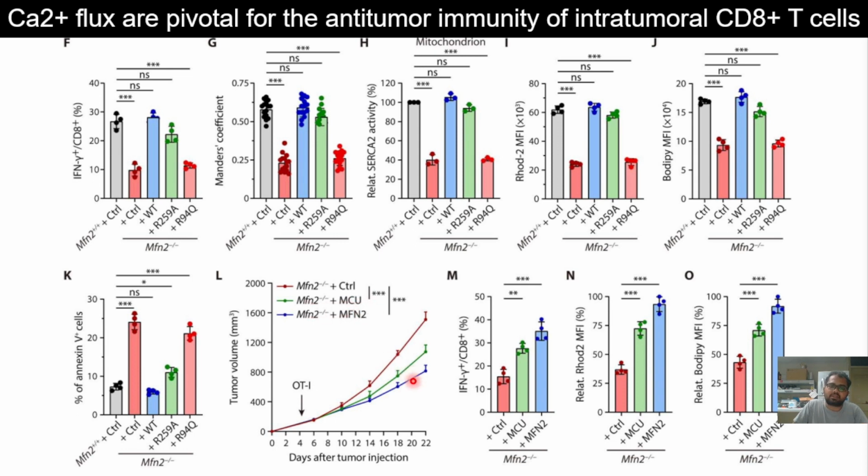So you can see here, this is the control, the highest tumor, in which MFN2 is knockout. But when this mitochondrial calcium uniporter was expressed, there is a decrease in the tumor growth compared to this wild type MFN2, which suggests that the calcium inside the mitochondria is responsible for decreasing the tumor volume in the CD8 T cells.